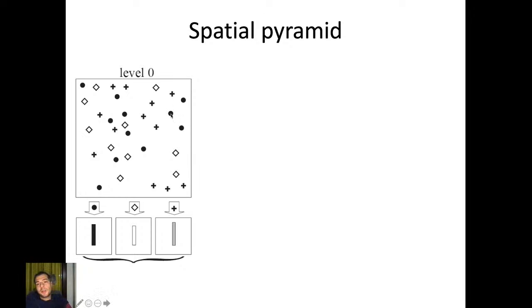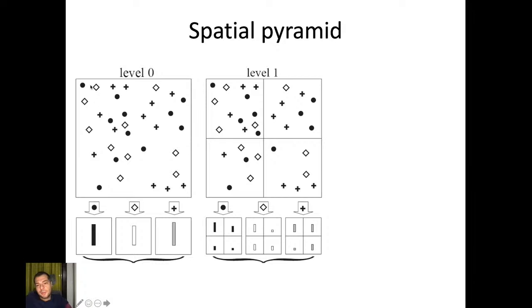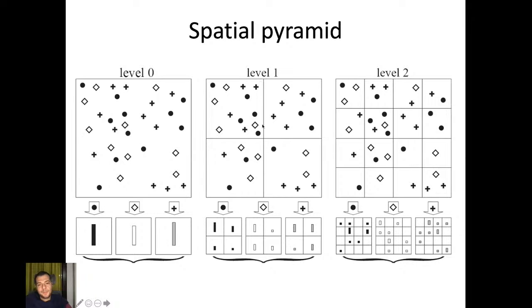So what happens is that you obtain, for example, this image contains different features, and if you look at the level 0 histogram, they have about the same distribution, but if you go to different levels, you obtain different histogram representations.